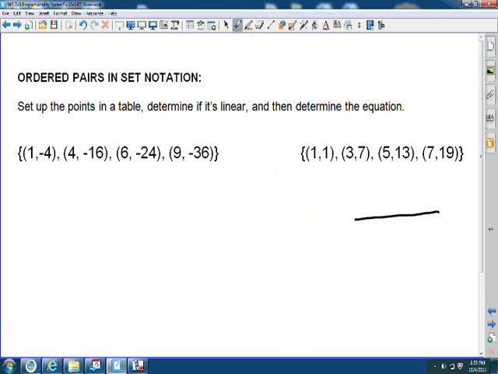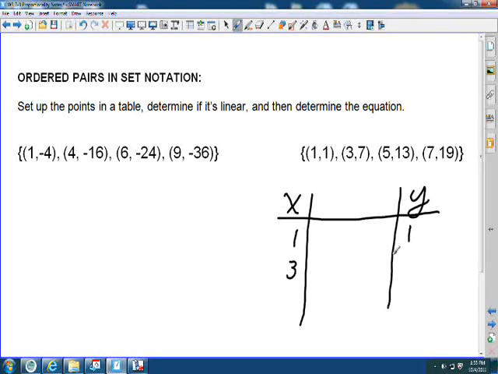So as I go here, I'm going to draw my table. I have x, then y: 1, 1; 3, 7; 5, 13; 7, 19. Okay, so right here, I'm going to do delta y.